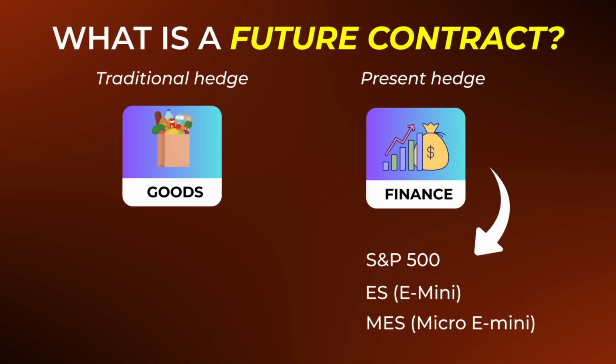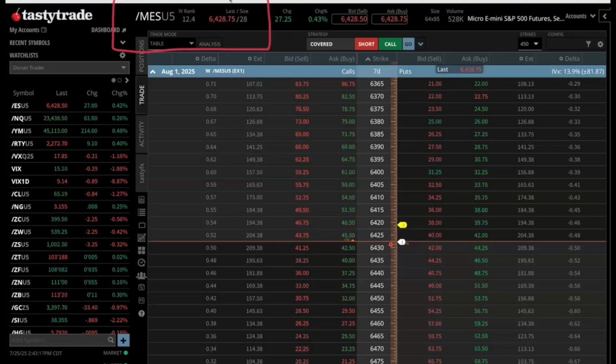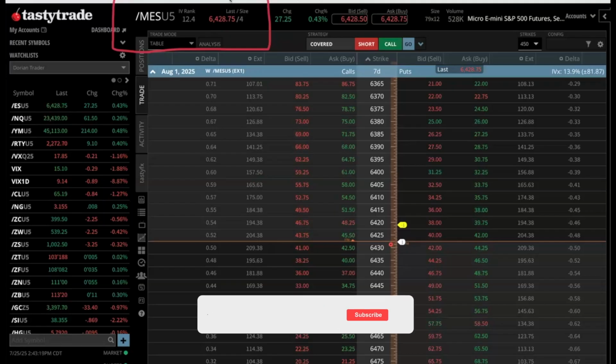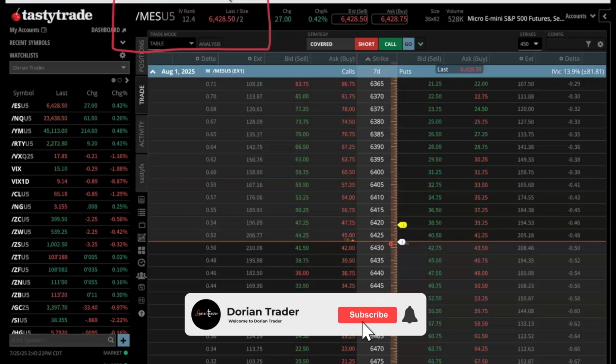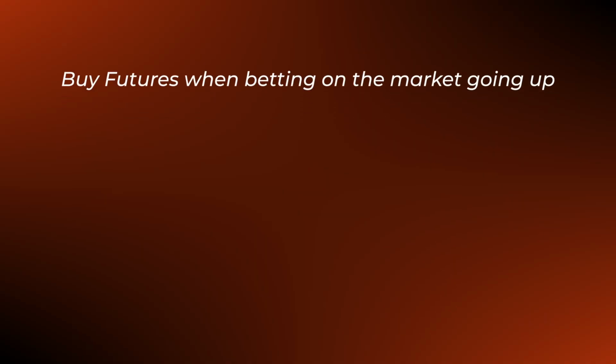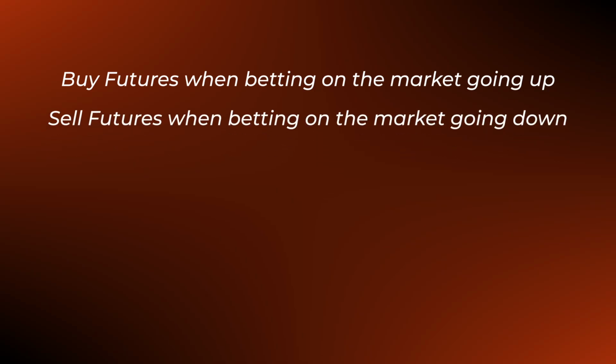So this is the micro futures, and we're not betting on or hedging some type of crop, but we're betting on the index going in a certain direction if we were just outright buying the futures contract. So if you thought it was going to be higher in the future, you would buy this futures contract betting that it's going to be higher, and you will sell it once it gets to the point that you thought it was going to go.